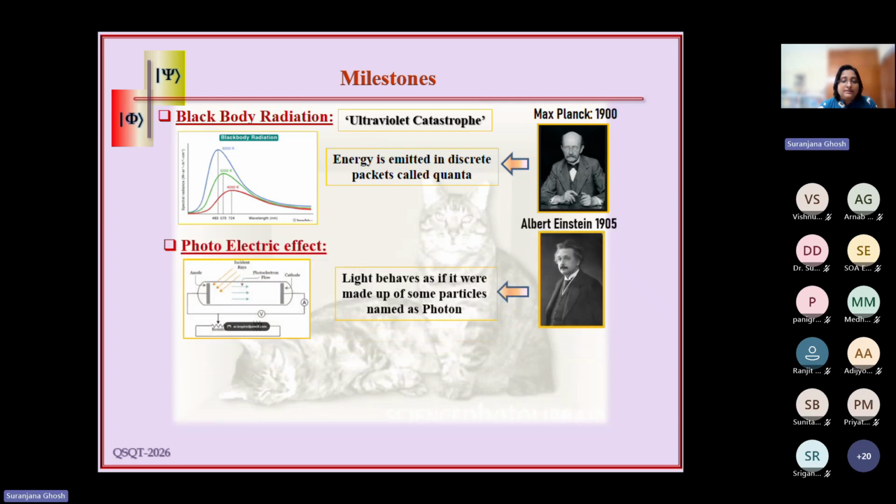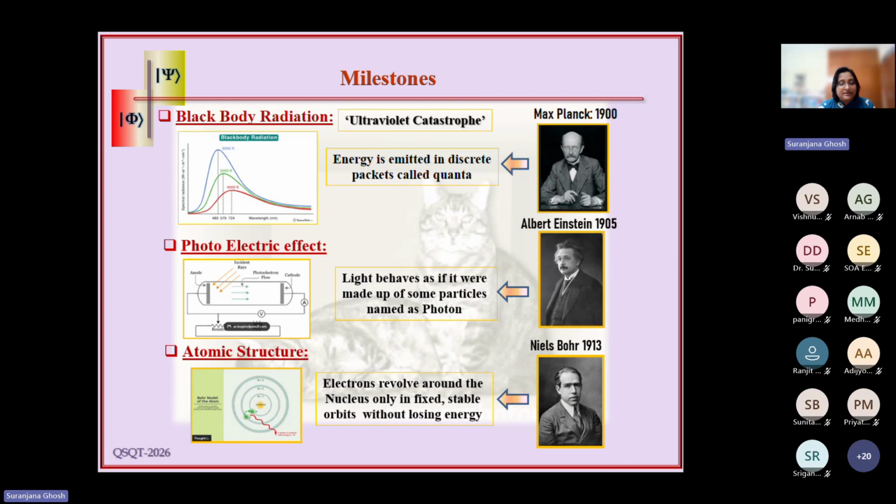Now, after 5 years, Einstein explained the photoelectric effect, and he said that light itself is quantized. Light is made of particles which are called photons, and he gave the explanation of the photoelectric effect. And there were also some other problems at that time, such as the stability of atomic structure.